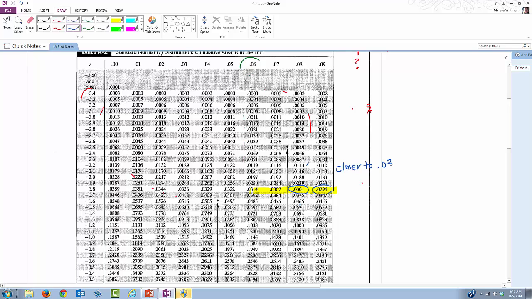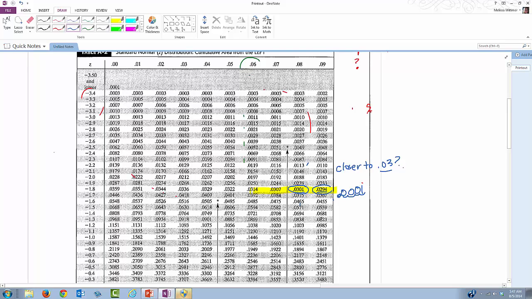So which one is closer to 0.03? Well, to determine that, you could find these distances. So let's find the distance from 0.0301 to 0.03. So 0.0301 minus 0.03 gives me 1 times 10 to the negative fourth, so it's 0.0001. Let's find the distance from 0.0294 to 0.03.